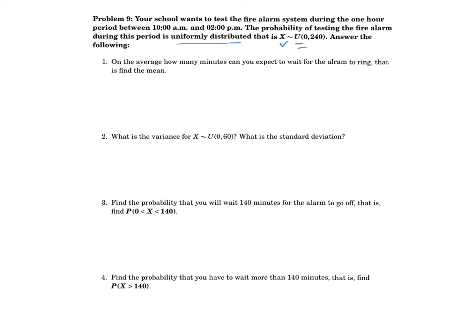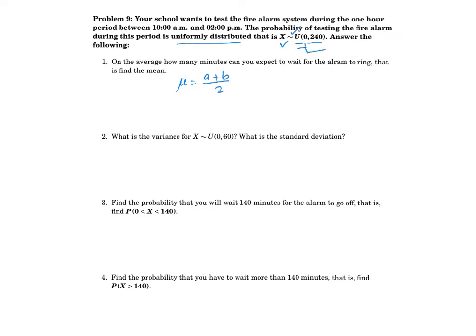So random variable x, this tilde tells you the distribution of x, is uniform from 0 to 240. Where does 240 come from? 4 hours is 240 minutes, right? 4 times 60 is 240. On average, how many minutes do you have to wait? Just mu equals a plus b over 2.